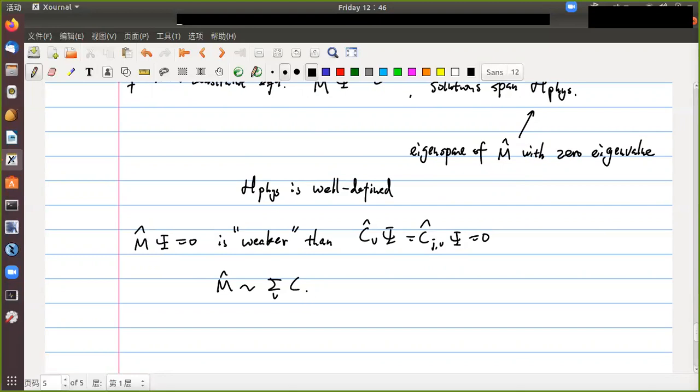Let's say the master constraint is the sum of squares of the C_i. Then C_i acting on psi equals 0 implies C_i equals 0. It implies the master constraint acting on psi equals 0, but not the inverse, at the quantum level.